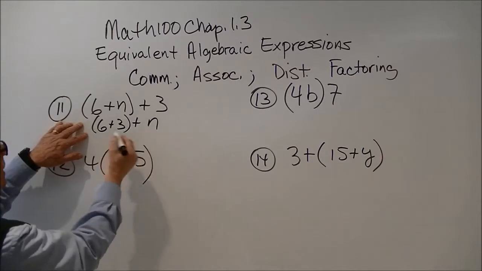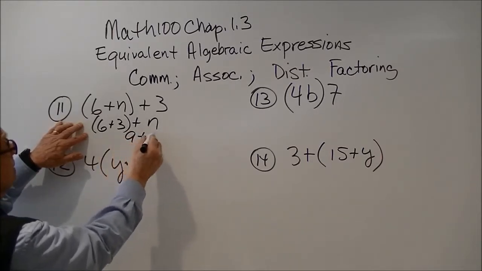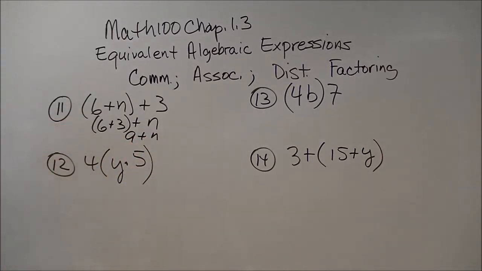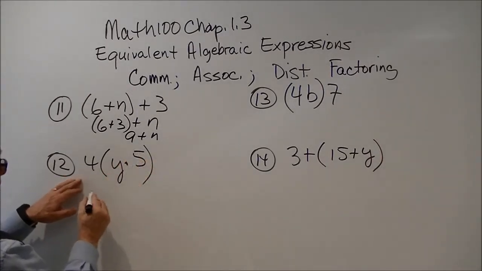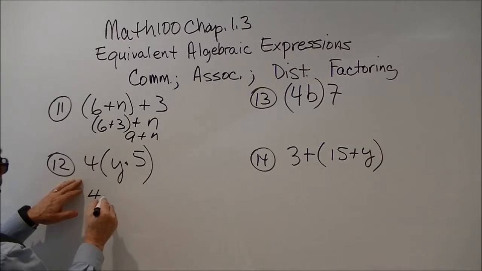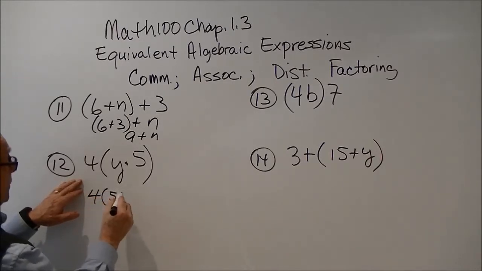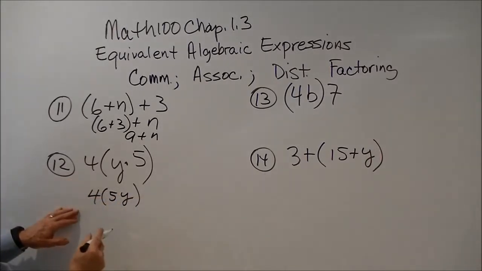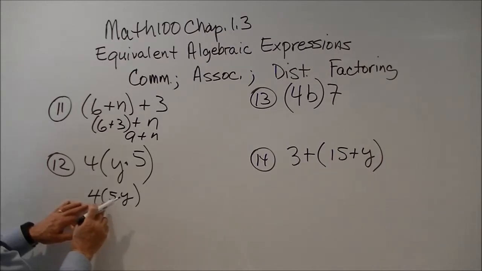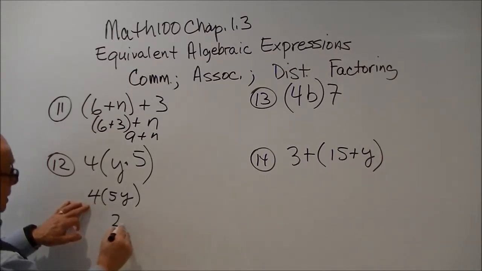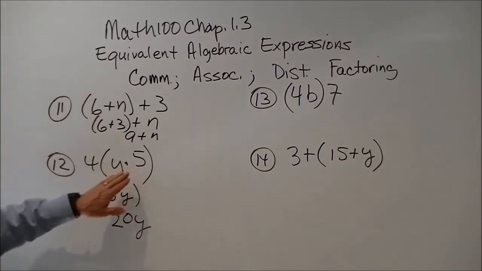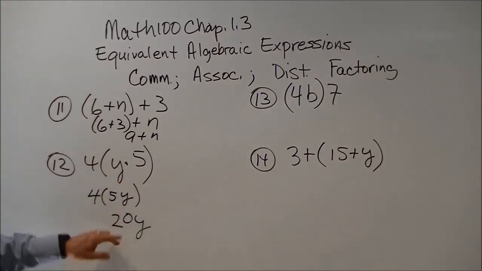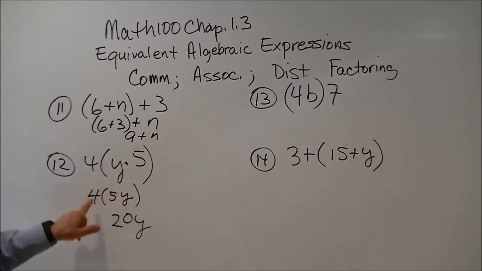And then when we simplify that, that's 9 plus n. And this one, you can switch these two around, so you'd end up with 4 times 5y. And then 4 times 5 is 20y. Again, we're allowed to do that. We can switch these around, and then our 4 and 5 are together.